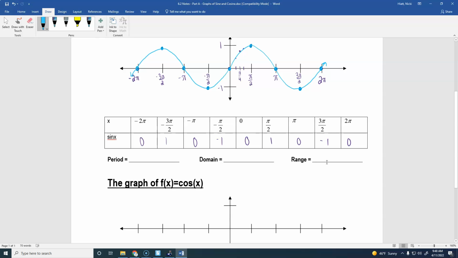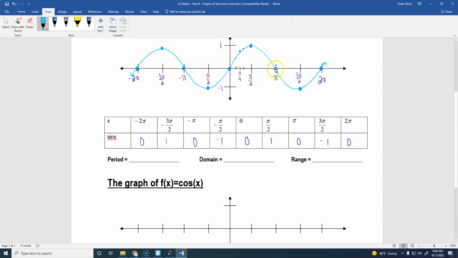So the period is the length of time it takes to repeat. So if we start right here, I usually start from 0, 0, and we go up and back down and then back up. How far do we go before our pattern starts to repeat? It's not pi. It is 2 pi.